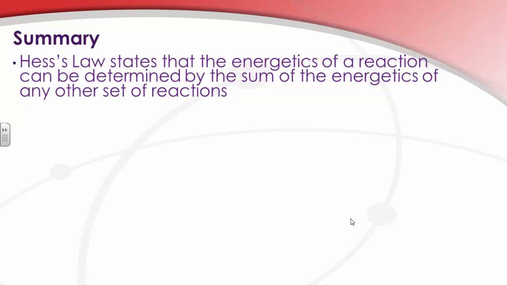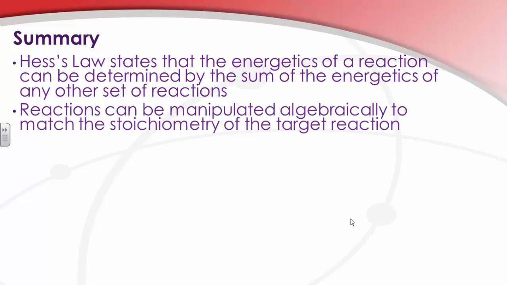Okay, so to sum up then, Hess's law is simply a restating of the first law of thermodynamics. The energetics of a reaction is determined by the sum of the energetics of any set of reactions that can sum to the target reaction.